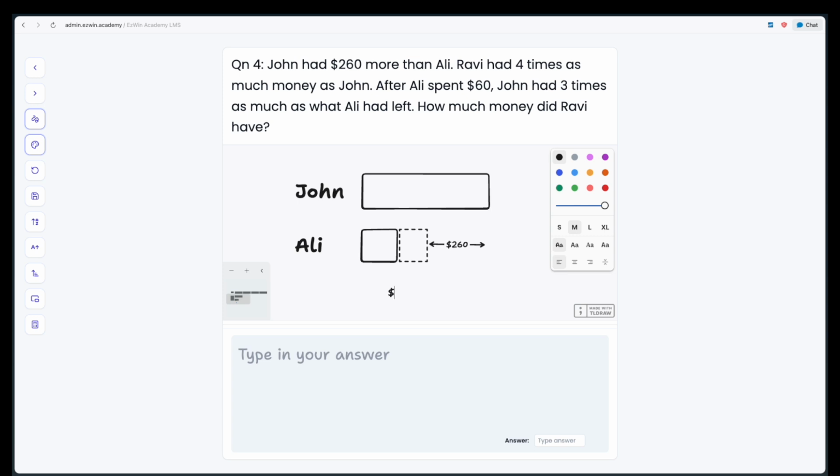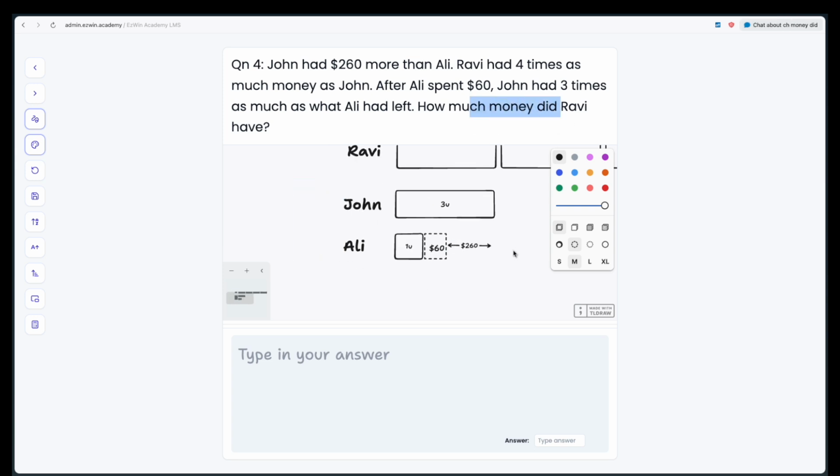So $60 gone. That means John will have 3 times as much as Ali. This means John has 3 units, and Ali had 1 unit. So how much money did Ravi have at first?